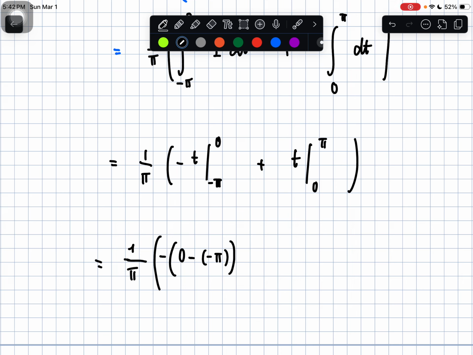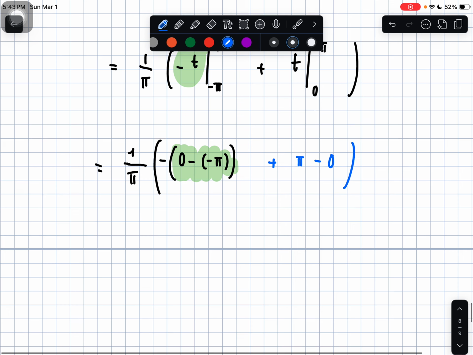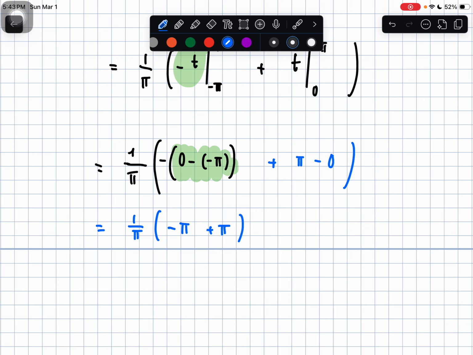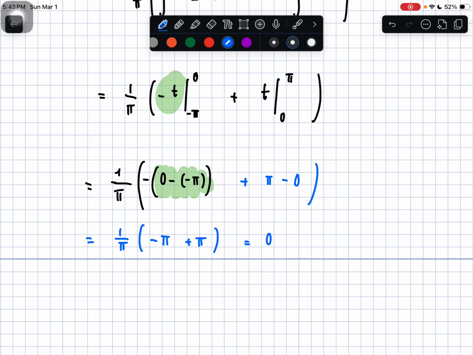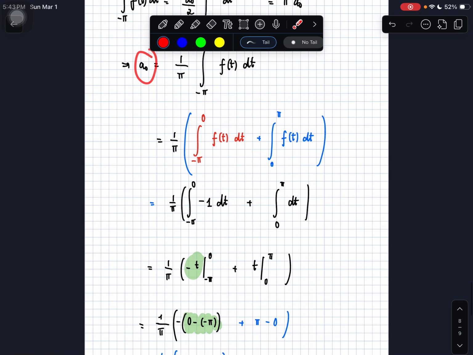That's for the first term here. For the second term, it's just pi minus 0. So this equals 1 over pi times minus pi plus pi, which is 0. So our first coefficient a0 equals 0.